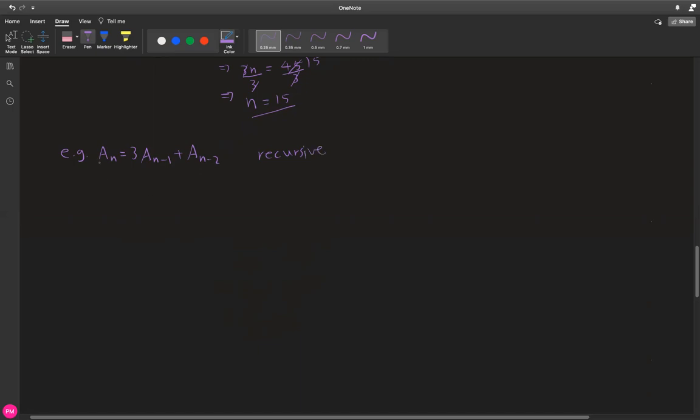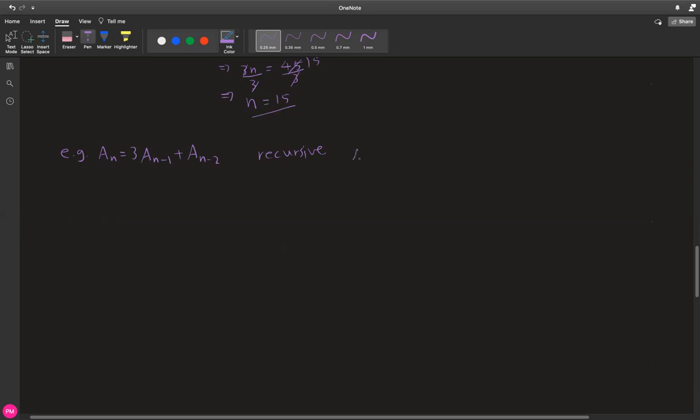In this case, to find a sub n, you need to know a sub n minus 1 and a sub n minus 2 just to find the term of a sub n. When you're given a recursive formula, you're almost always given the first terms of the sequence.